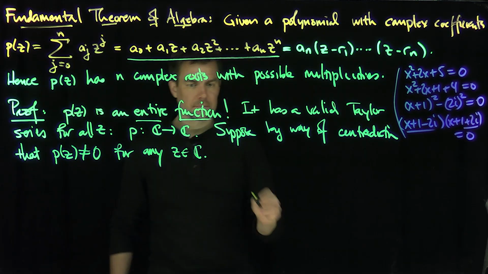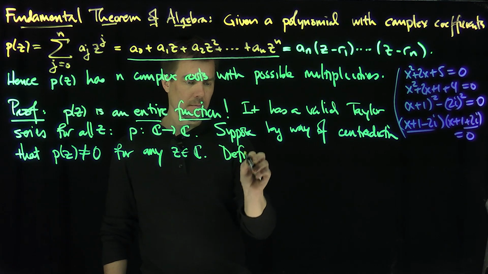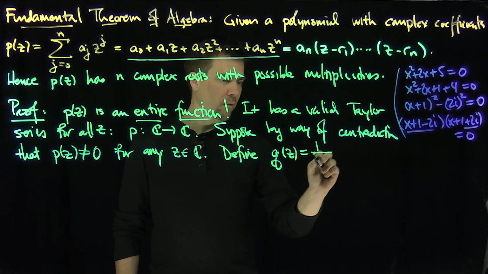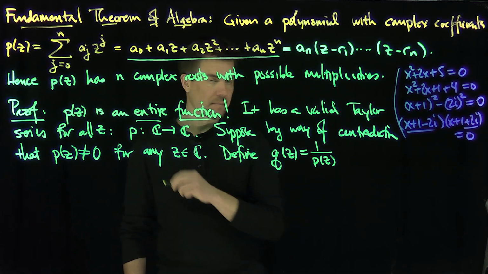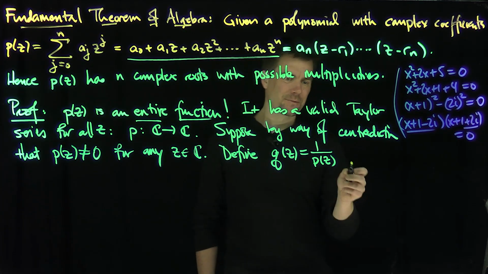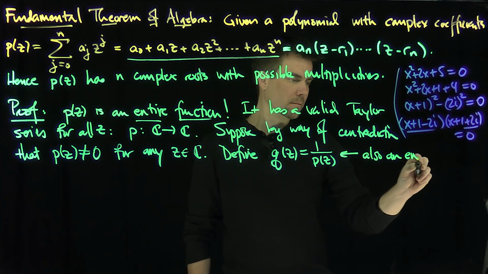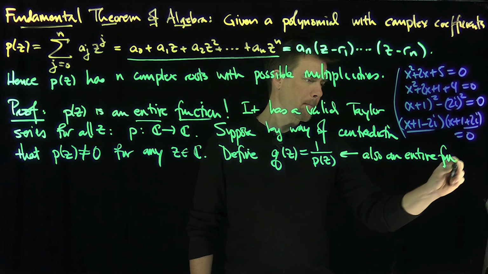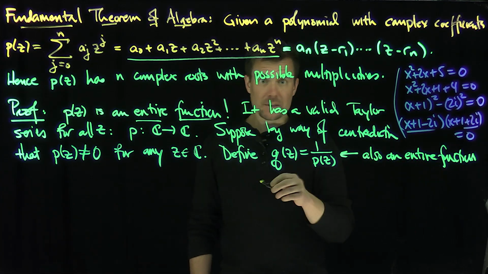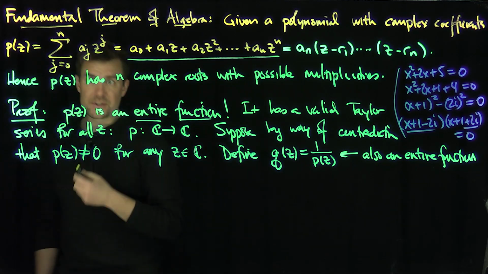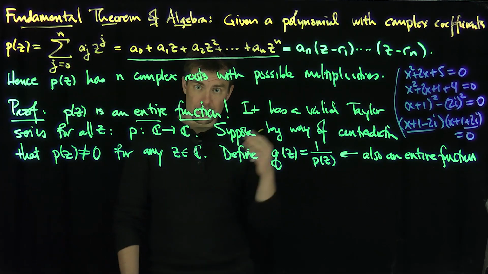Then define Q of z, which is 1 over P of z. This is also an entire function. And it makes sense everywhere because P of z is never 0, so I can take its reciprocal. So the reciprocal of this polynomial is therefore an entire function, assuming that P has no zeros, okay?